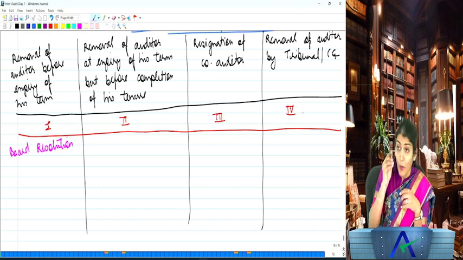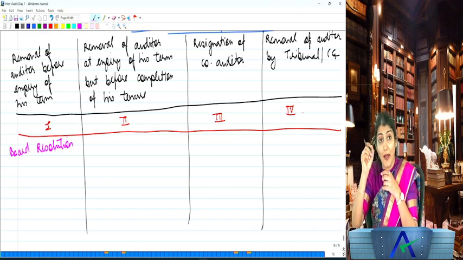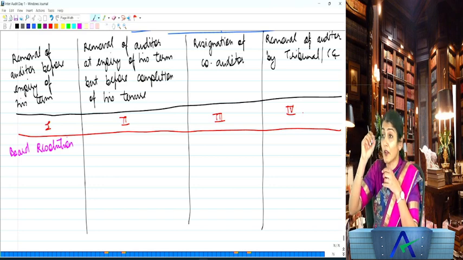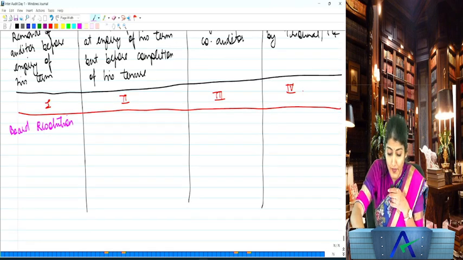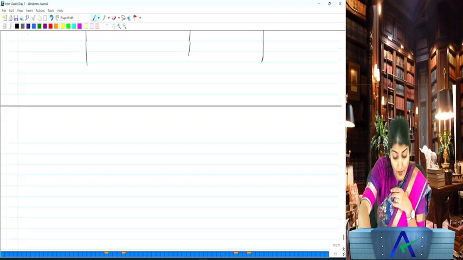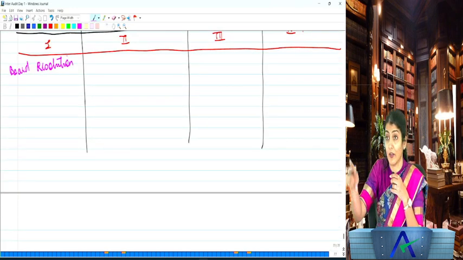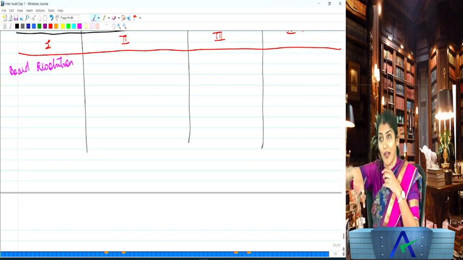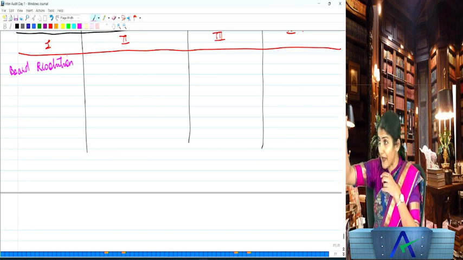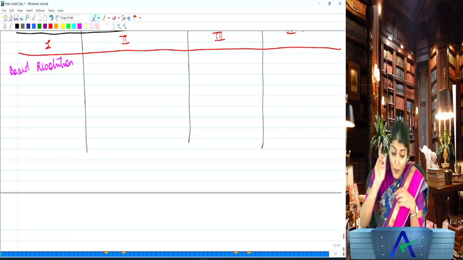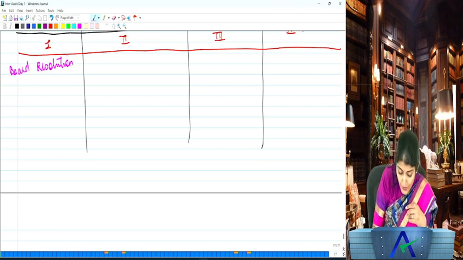So what does it say? A board resolution has to be passed at the board meeting for the removal of the auditor before the expiry of his term. So you say, right now I want to remove the auditor. So right now call all your board of directors, hold a board meeting and pass a board resolution. Then once you pass the board resolution, what does it say?